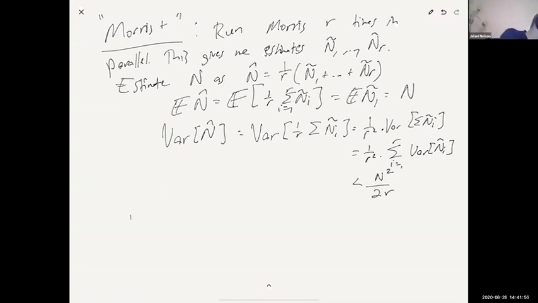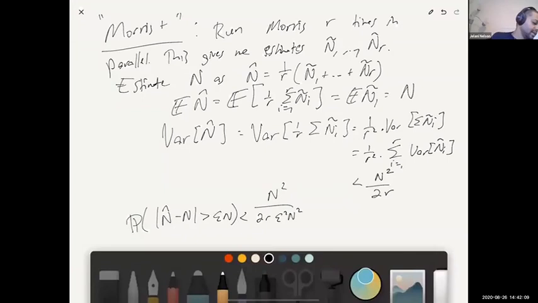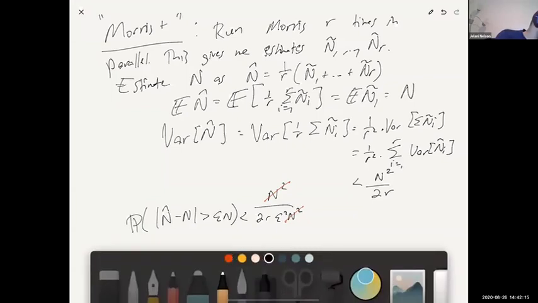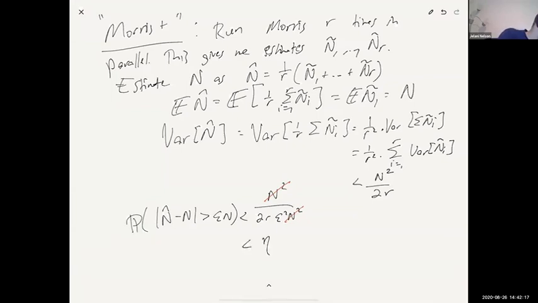So now Chebyshev's inequality says the probability that n hat deviates from its expectation by more than epsilon n is at most n squared over 2r epsilon squared n squared. Again, this cancels. And now I can make sure that this is less than, let's say, some eta by picking r appropriately.